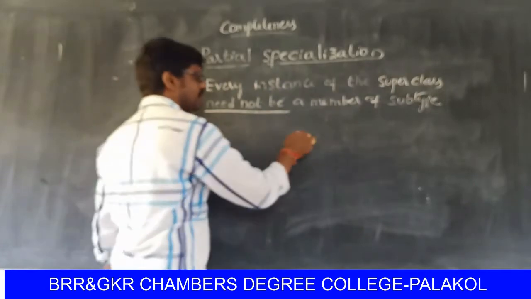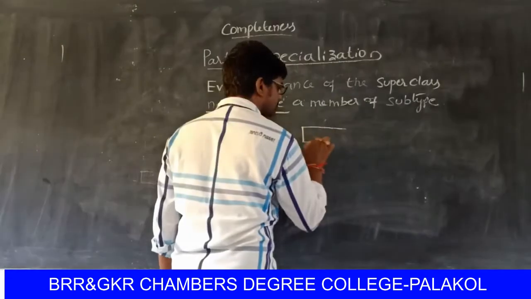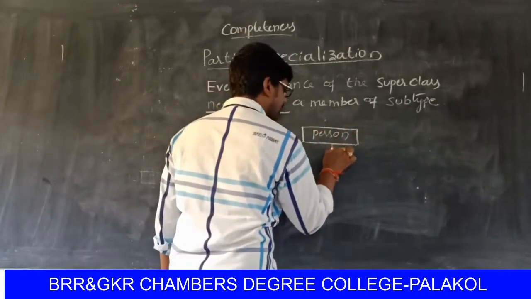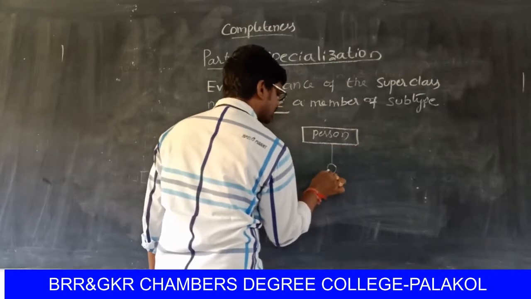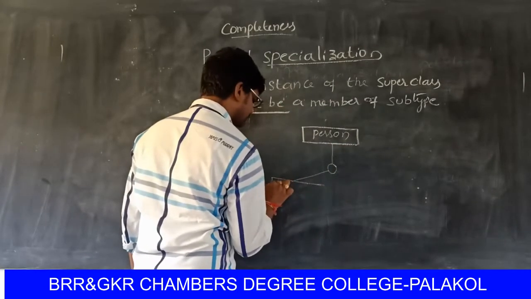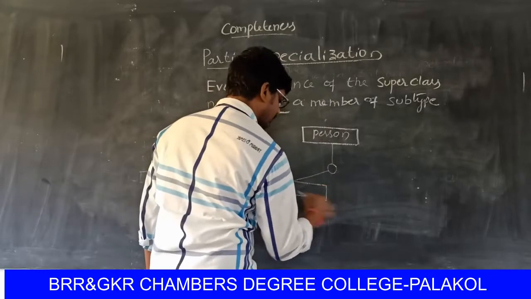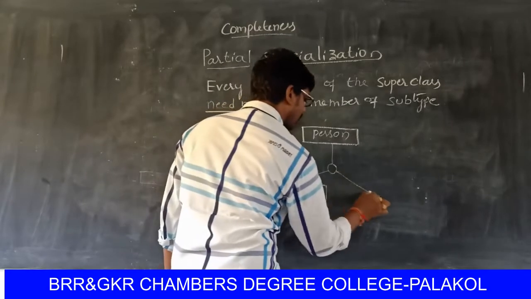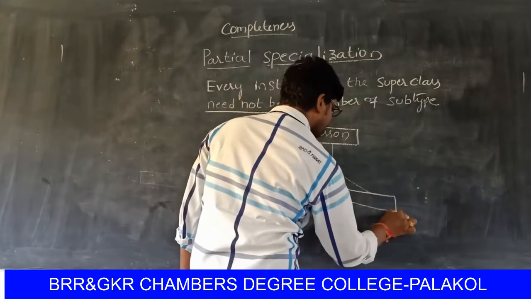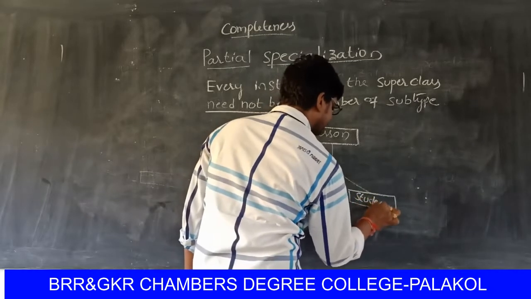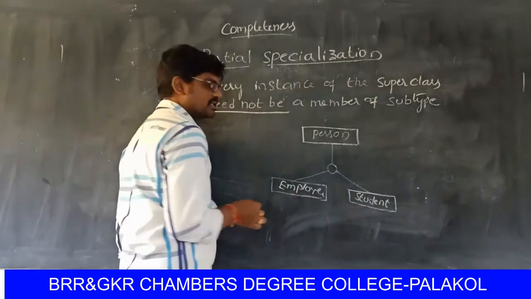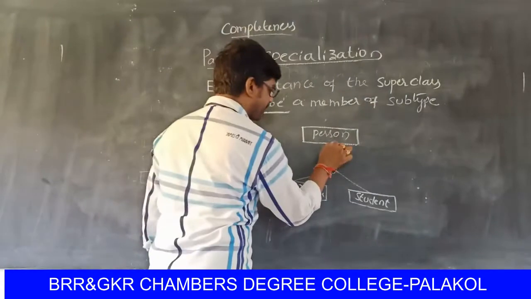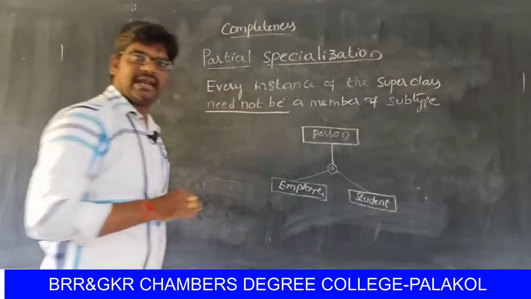Okay, for example, I am taking person. Here, person is an employee, or person is a student. The partial can be indicated by a single line here.